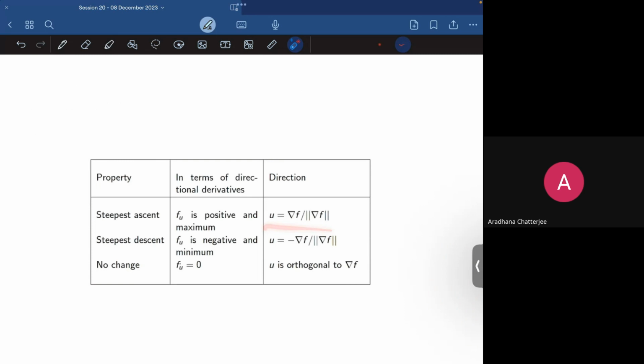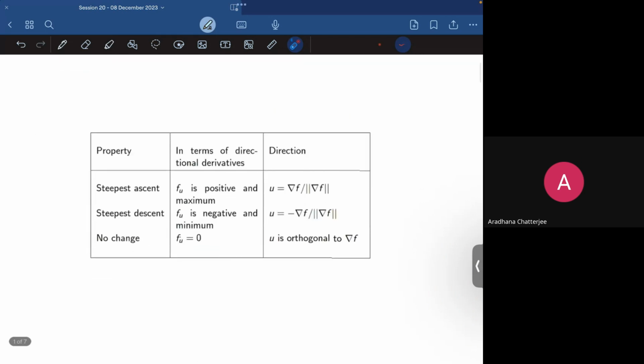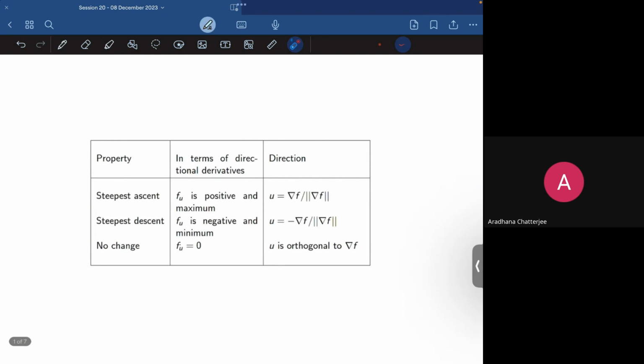But the unit vector, that is the direction in which you are finding the directional derivative of the function at some point, is basically, if you are maximizing the function, or you have steepest ascent, just the gradient at that point divided by the norm of this thing only. And if you have descent, then you add a minus sign in front. So basically, it makes sense, right?